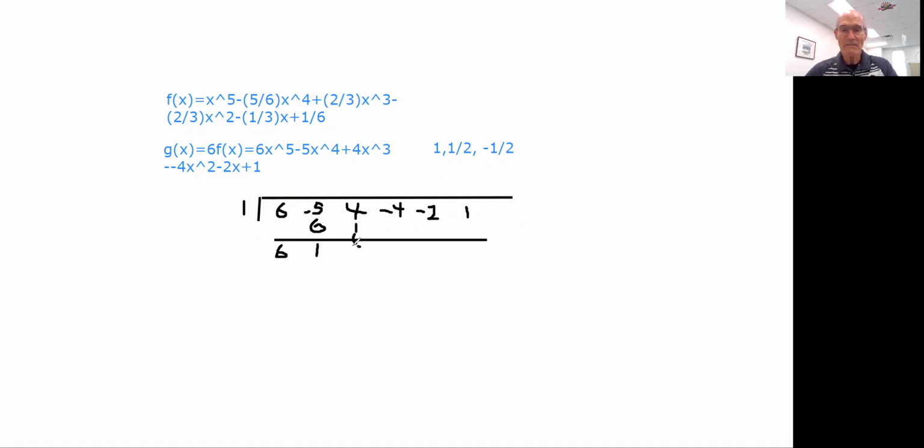We add, we get 5. 1 times 5 is 5. We add, we get a 1. 1 times 1 is 1. We get a minus 1. And 1 times minus 1 is minus 1. And we got a 0. Okay? So that tells us that 1 is a root.